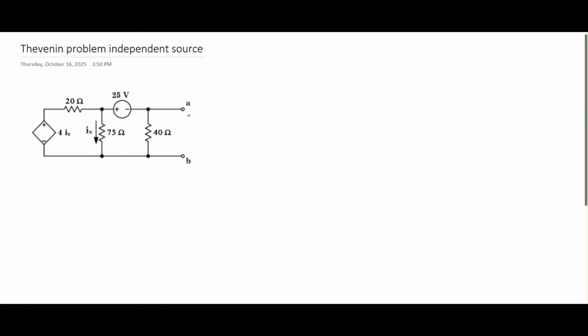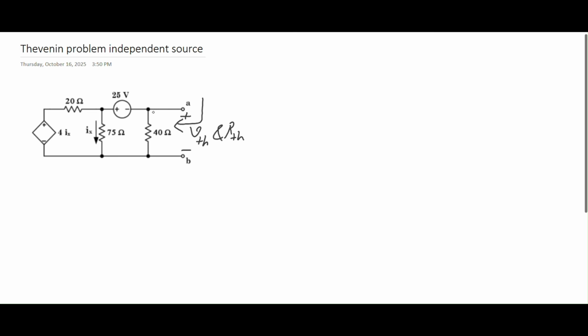What we're going to do is find the Thevenin voltage and Thevenin resistor seen from port A, B. The difference of this circuit from the ones we solved in previous sessions is that we have both independent and dependent sources. So this 4ix is a dependent source and this 25 volt is an independent source.